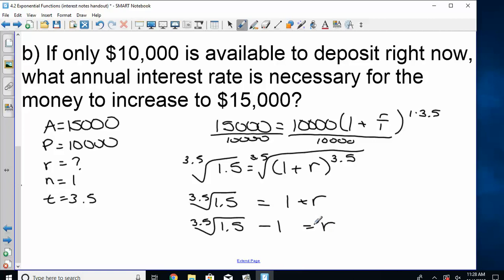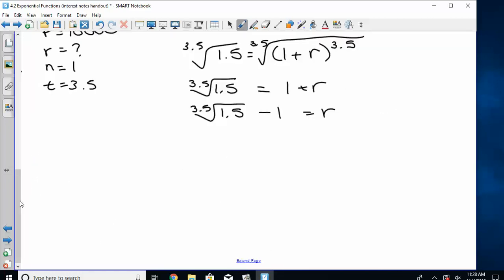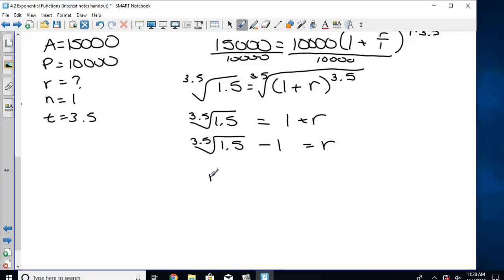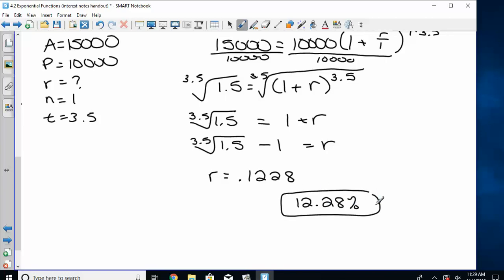I'm going to put this in my calculator. I would need an interest rate of 12.28%. Pretty high interest rate.